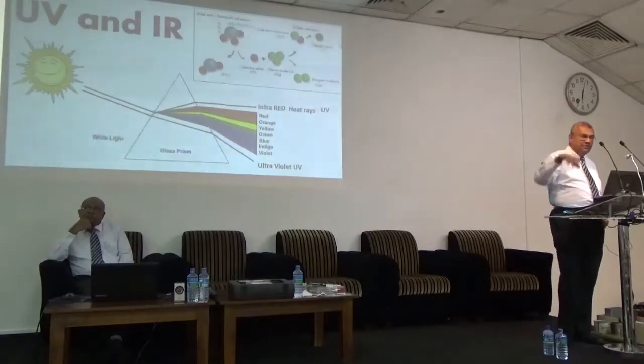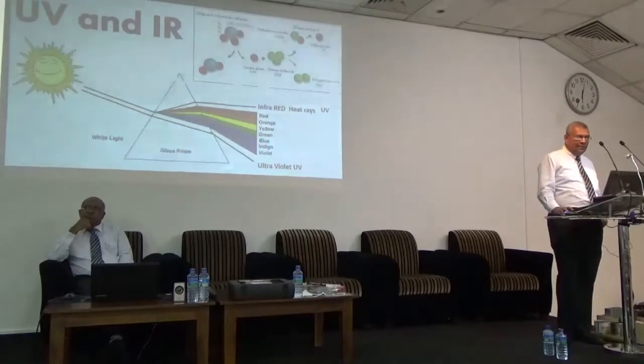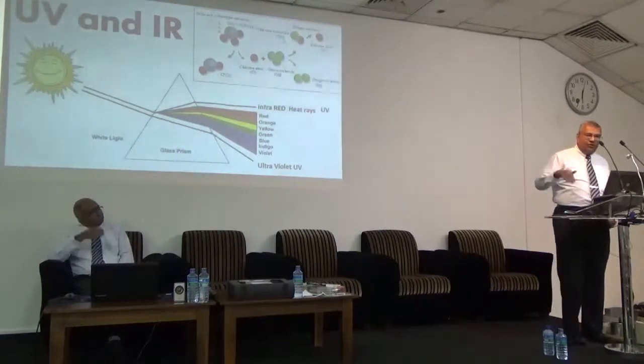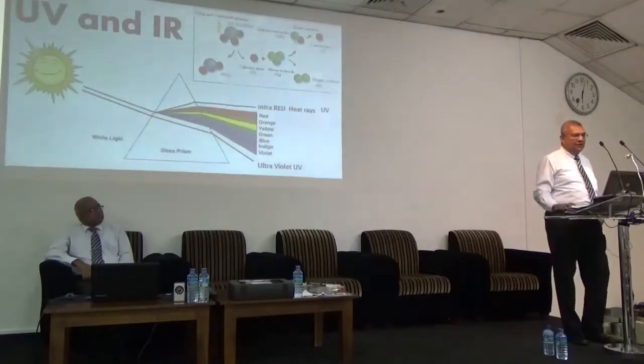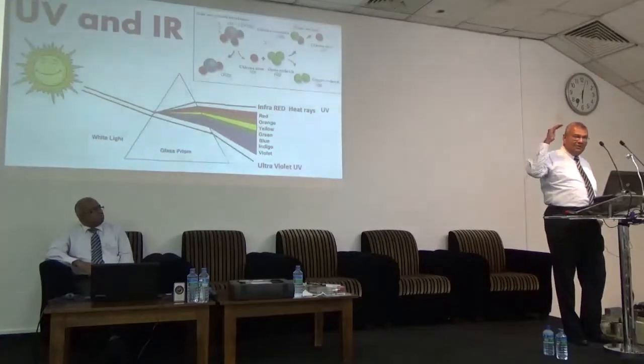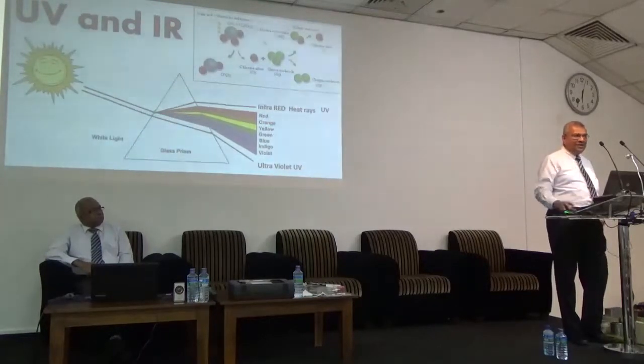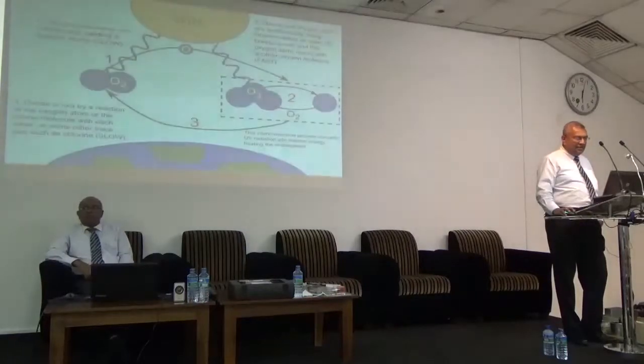So there is a hole now. That's why they have stopped the chlorofluorocarbon. But the solar radiation will create ozone again. So if the ozone creation is faster than the chlorofluorocarbon damage, then you are okay. But if the ozone is losing oxygen faster than the solar creation, then you are in trouble. So that is the mechanism.